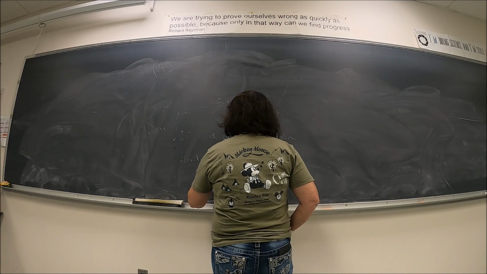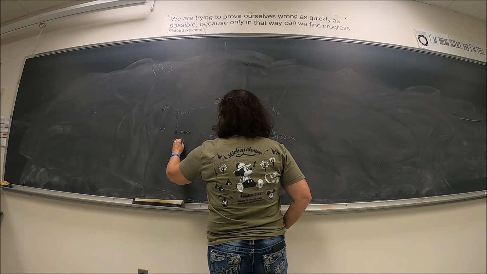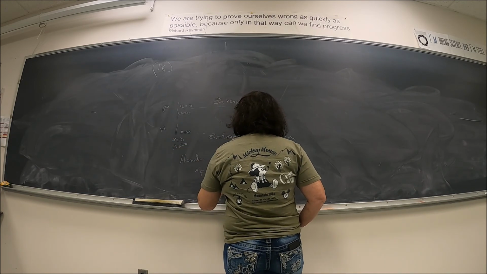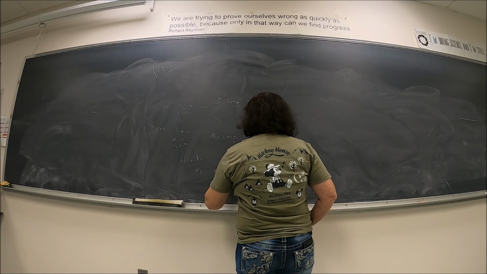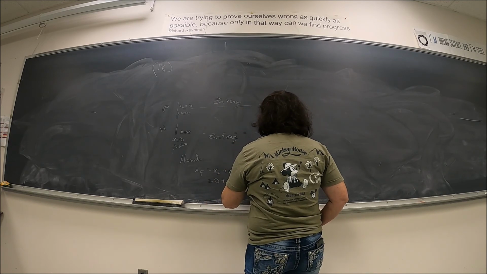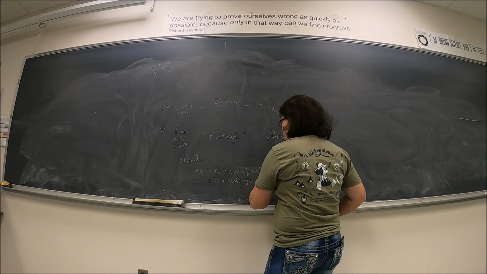X initial is 0. Velocity initial for both of these is 0. Delta t I don't know, plus 1/2 times the acceleration, 3 meters per second squared, delta t squared.